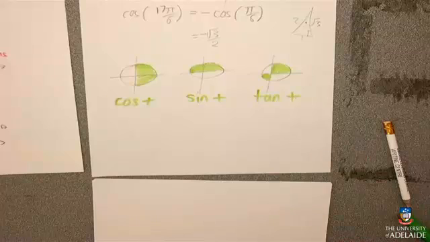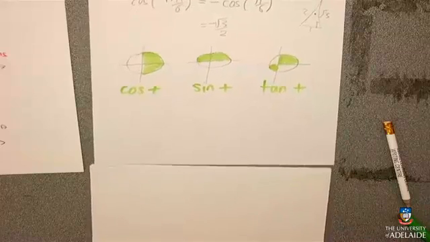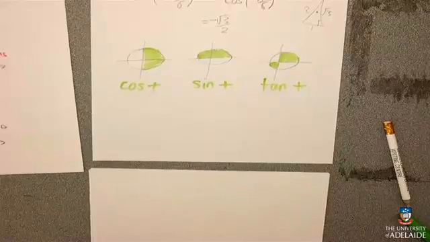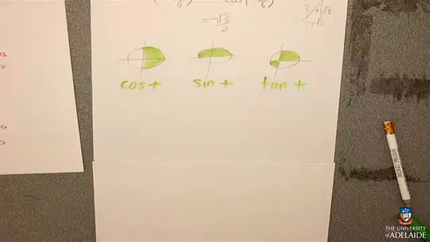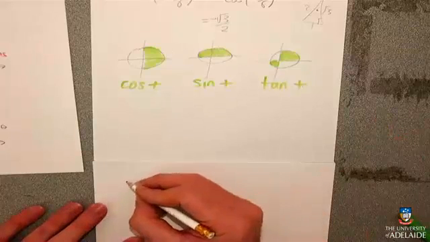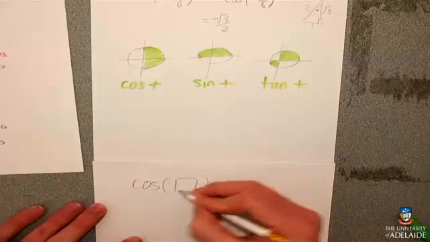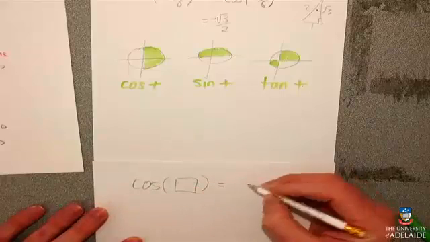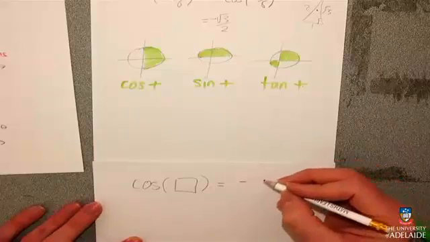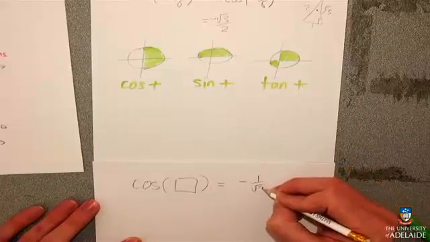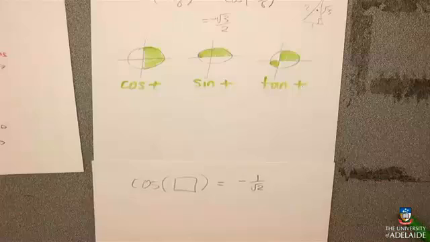I have a question that I want to ask you to just see how you're going with that. Could some people please tell me some angles in radians that produce minus 1 on root 2?